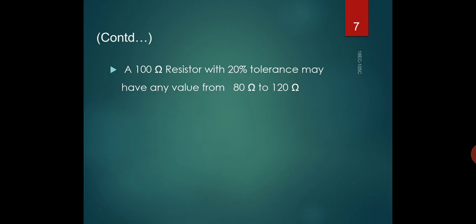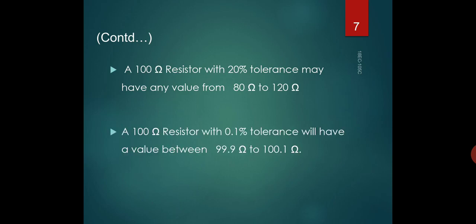So the value of the resistor that you pick for 100 ohms might be any value between 80 ohms and 120 ohms. A resistor with a tolerance of 0.1% will have a value between 99.9 ohms and 100.1 ohms.